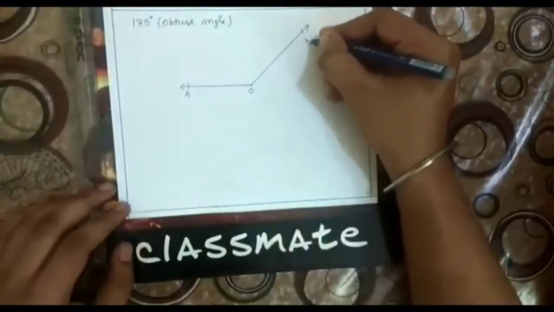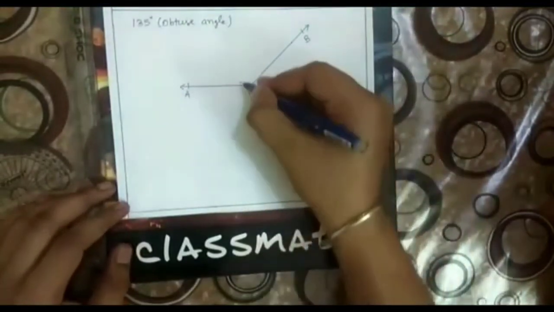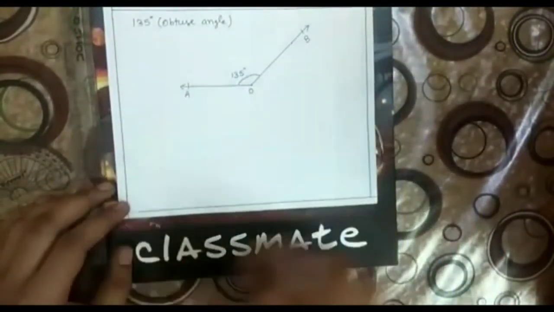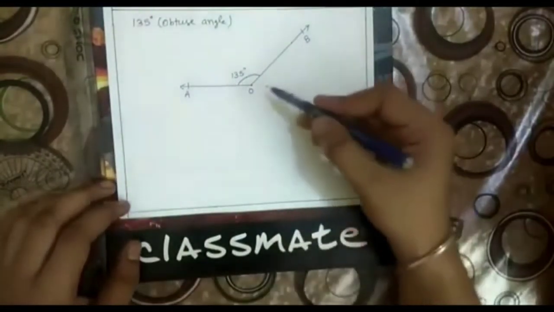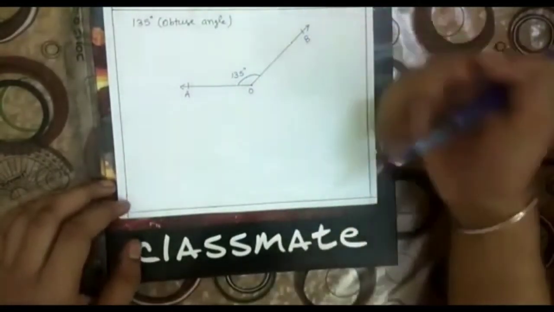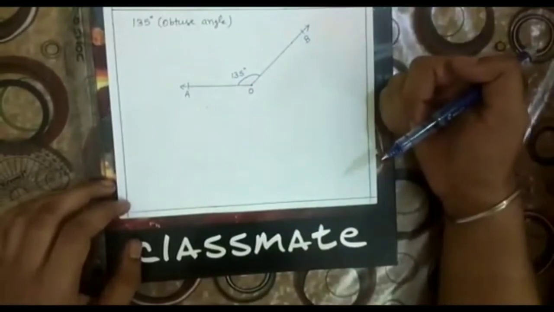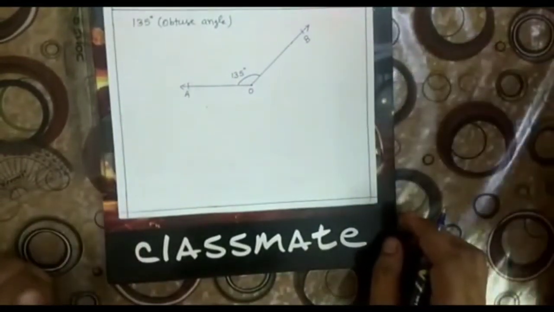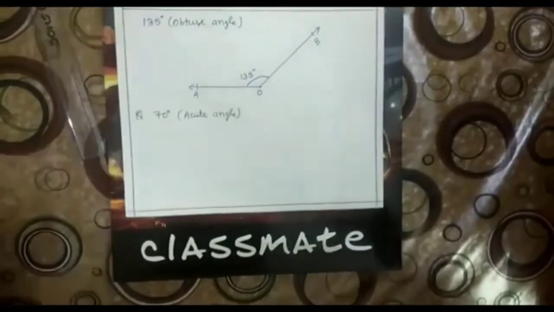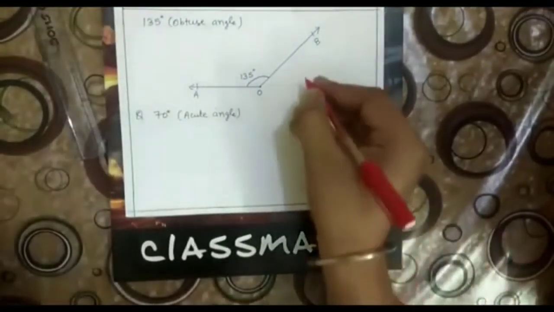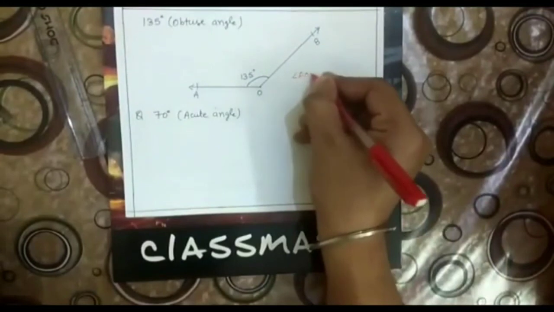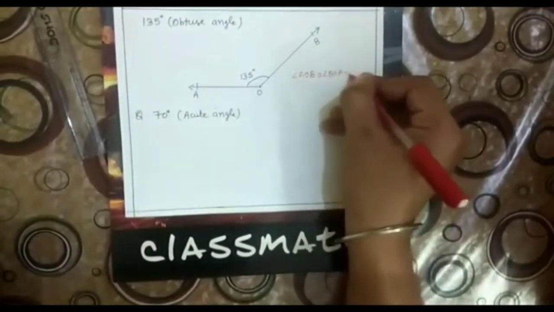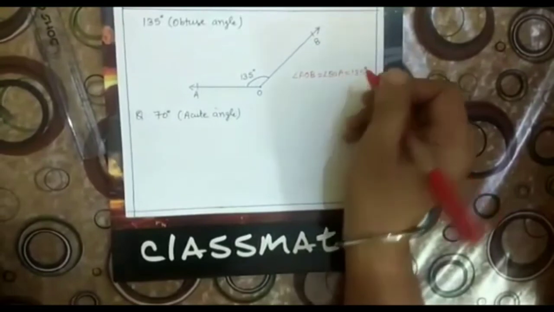This is the ray OB and this is your angle 135 degree, which is obtuse. As you can see, the ray OB lies outside the baseline. So in this way you can also draw the 135 degree angle, and the name of the angle is angle AOB or BOA equals to 135 degree.